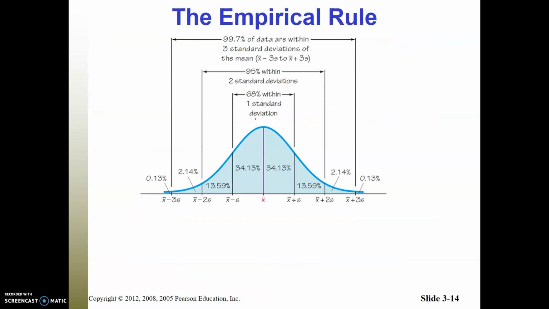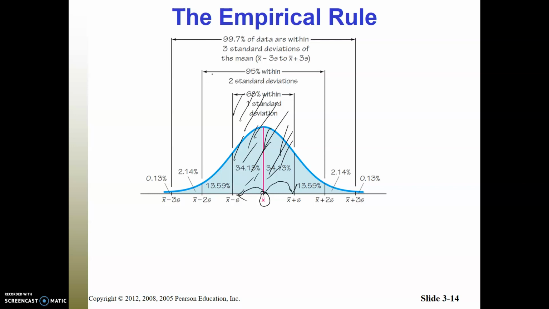This picture makes it clear, I hope. Look at that picture. This says that almost 68% of the values are here, in this ring, and this is the 1 standard deviation. This is my mean, and this is 1 standard deviation on this side, and 1 standard deviation on this side.